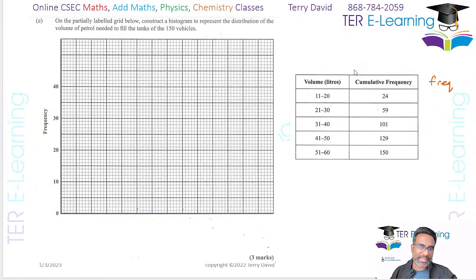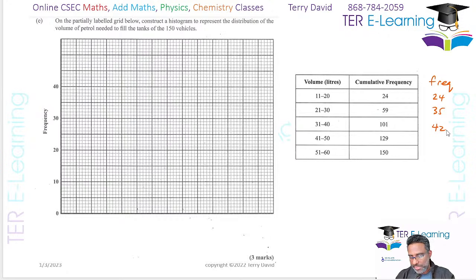So you're working backwards now. Normally in an exam question, we'll have to work out the cumulative frequency, but you're working backwards this time. In the first interval, the frequency will be 24. For the next one, it'll be 59 minus 24, so you're going to get 35. The next one will be 101 minus 59, which is 42.